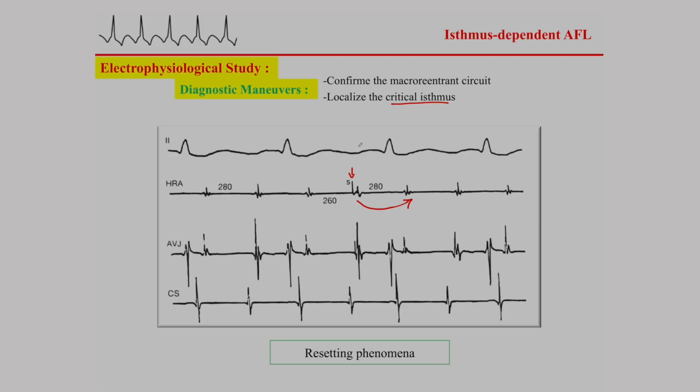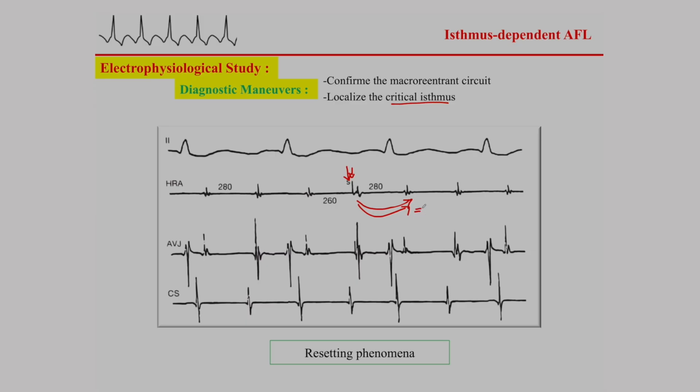We have two techniques. The first technique is giving an extrasystole at a long coupling interval, as you see in this example, and we try to see if we have a capture. So here we have a capture of the atrium, and we examine the first return cycle length.